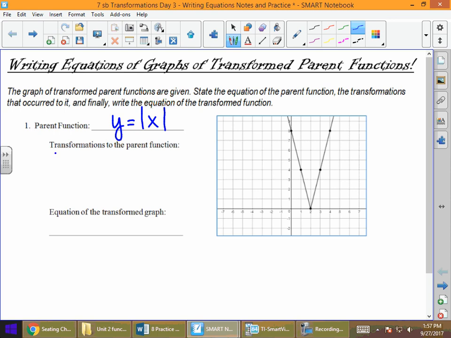It's actually a vertical stretch. Secondly, I think that there is at least one more transformation on this problem. Right 2.